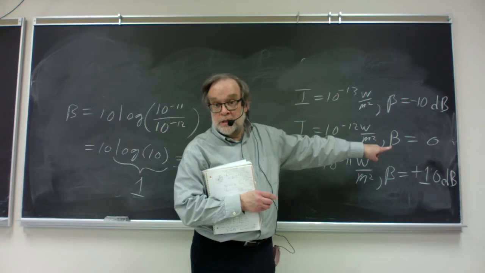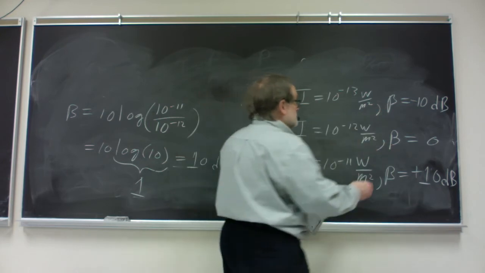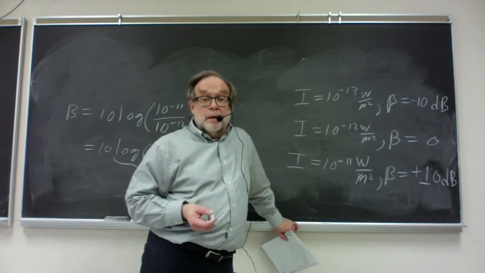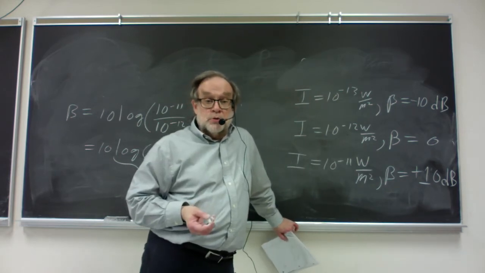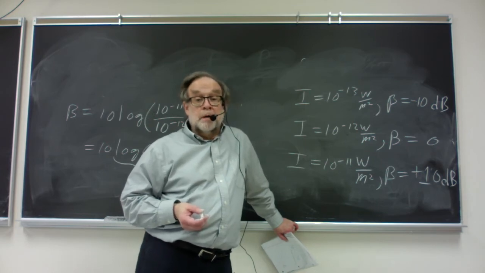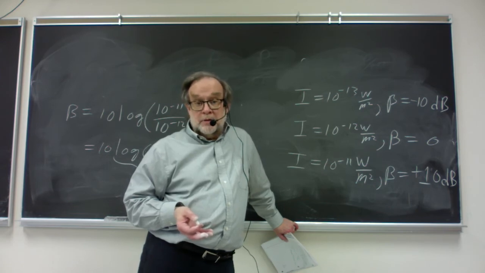And just as this was 10 decibels more than this intensity. Handy rule: every time the intensity in watts per square meter gets 10 times stronger, you add 10 on the decibel scale.